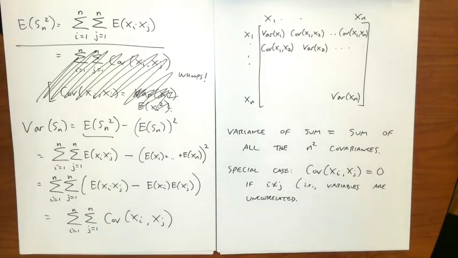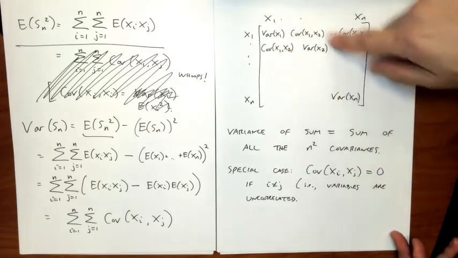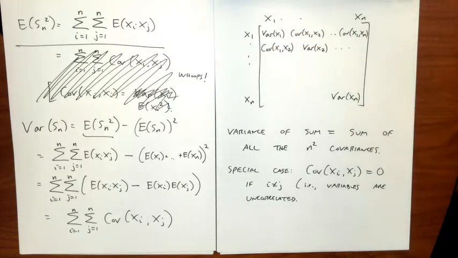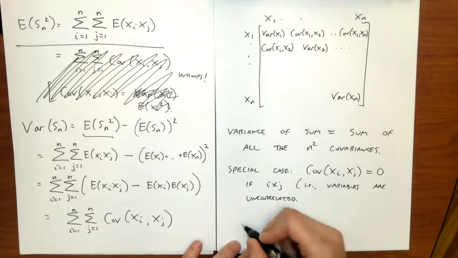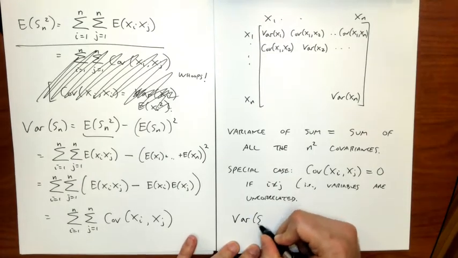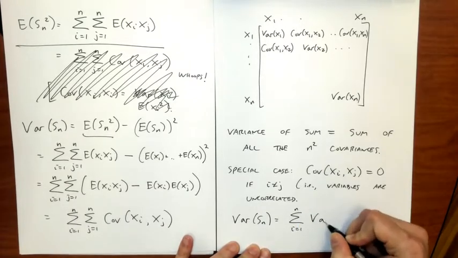All of the non-diagonal elements of this big n squared matrix would be 0. The only thing I'd be adding up would be the numbers along the diagonal. So in that case, the variance of the sum is just the sum of the variances.